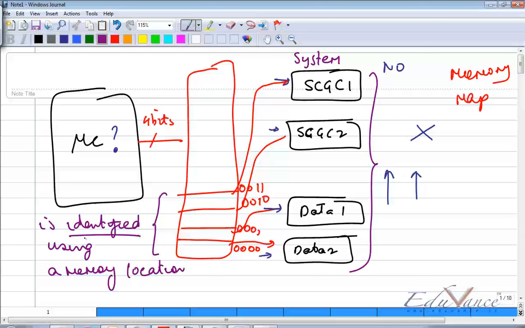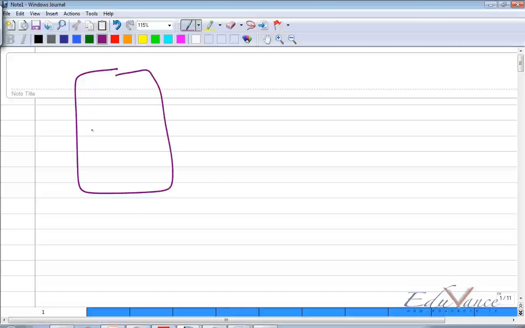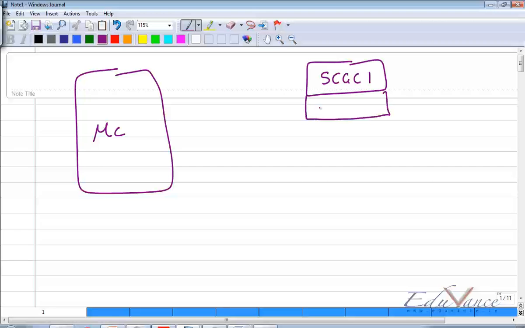Now who needs to identify? My microcontroller. So if this is my microcontroller and my microcontroller wants to write a value into my SCGC1, in our example where we said the first bit was for UART, the second bit was for your ADC, the third one was for your port B and the fourth one was for port A, the example that I took.